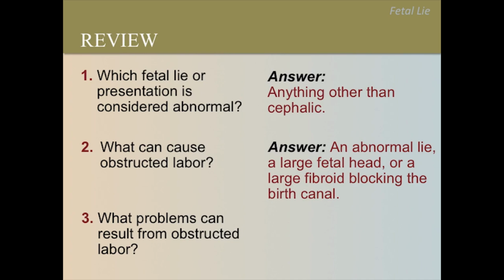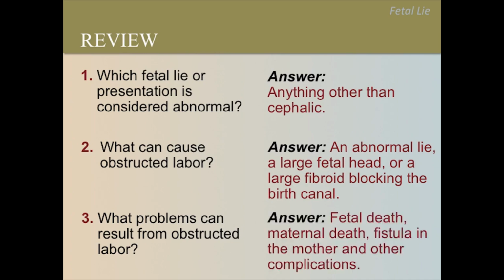Which problems can result from obstructed labor? The answer is fetal death, maternal death, and other maternal complications like fistula, which is an abnormal connection between the vagina and bladder or rectum.